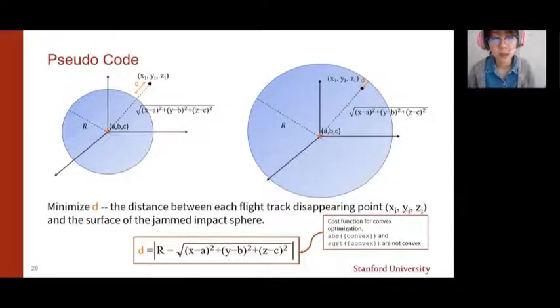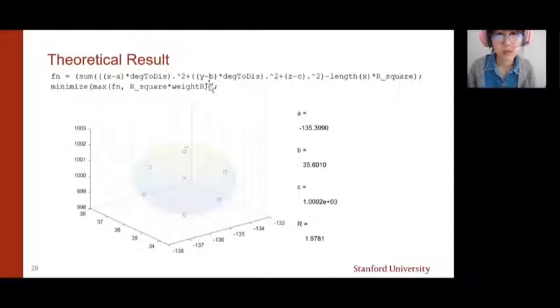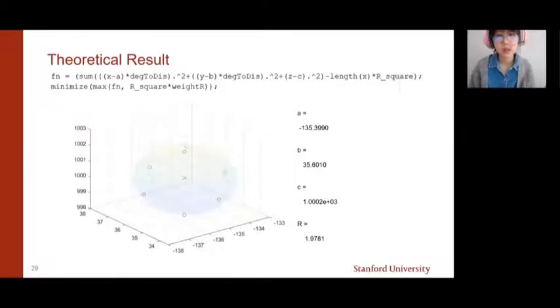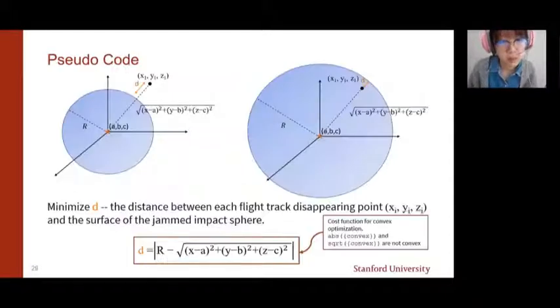Therefore, I did some modification of this current objective function, and that leads to this final objective function. The details of how I modified the previous function to this one will be shown in the paper, but what we can know is that the physical meaning behind this objective function is the same as what we mentioned before. We try to minimize the distance from the outer boundary of the sphere to the input data points.